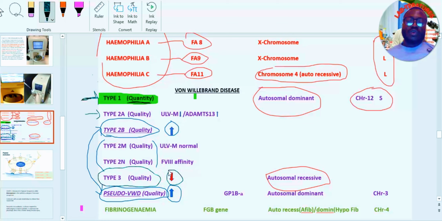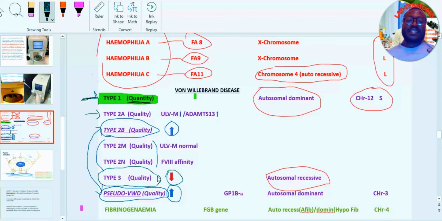You are not even going to have any Willebrand antigen when you do the test, as a result of a null Willebrand factor due to the genetic mutation. The mutation is so severe that the aberrant gene is not going to transcribe into any Willebrand antigen at all.